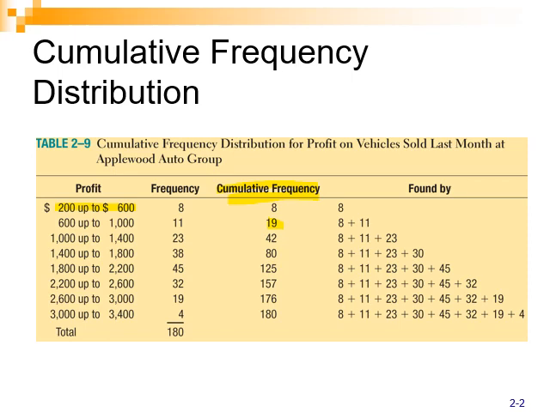The final class is from 3000 to 3400. If we add the frequencies in all the previous classes, we will get the cumulative frequency in the final class equal to 180. Take care that the value in the cumulative column in the last class should be equal to the total frequencies.